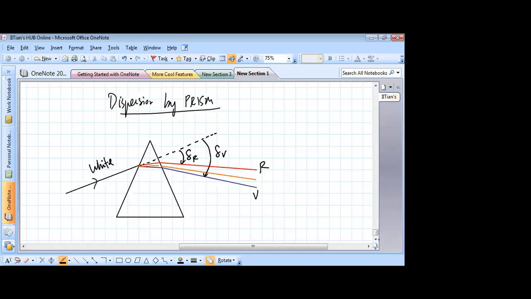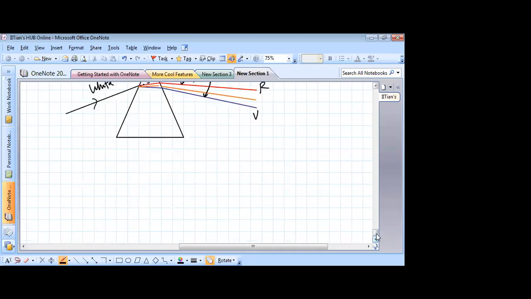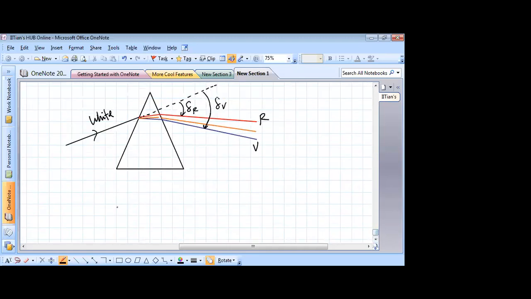Okay. So there are certain terms that we define, and we define angular dispersion as this. The difference in the angular deviation of violet and the angular deviation for red.